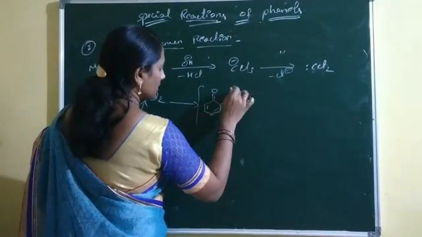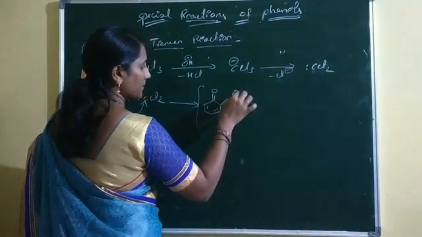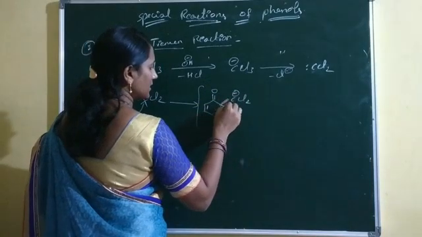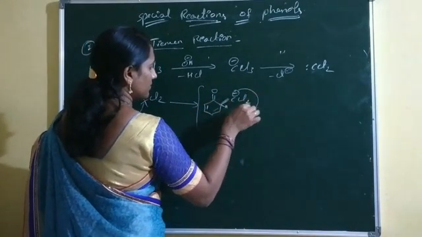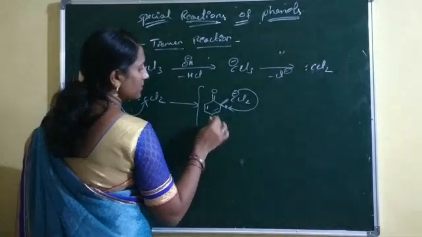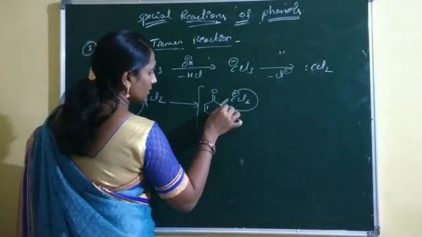Now in this one, this C minus abstracts the neighboring hydrogen, that means the ortho hydrogen.